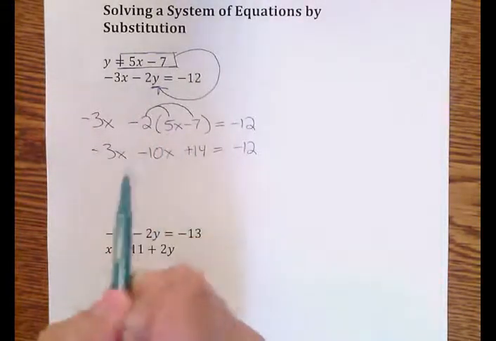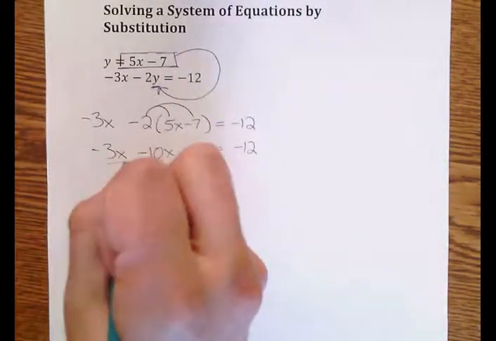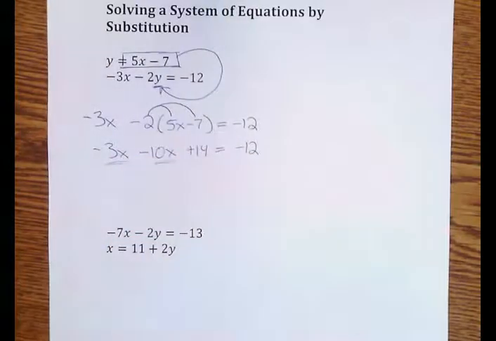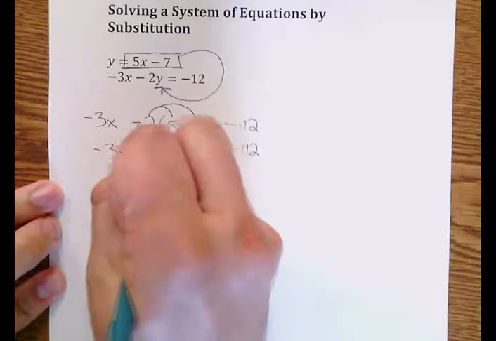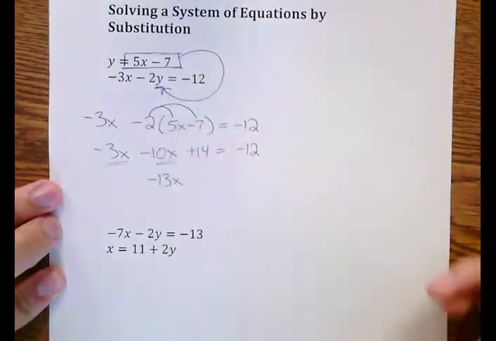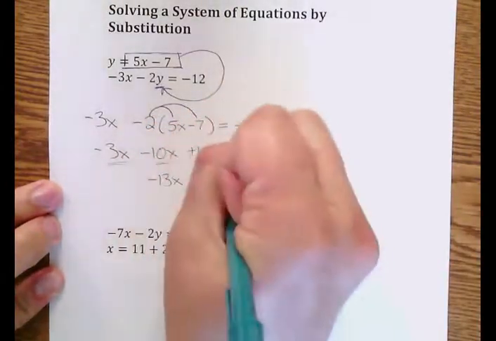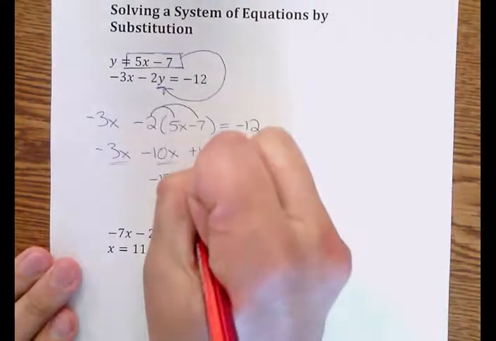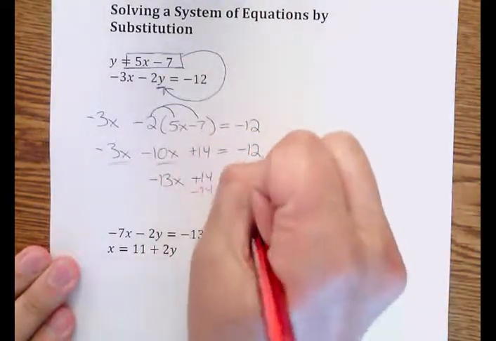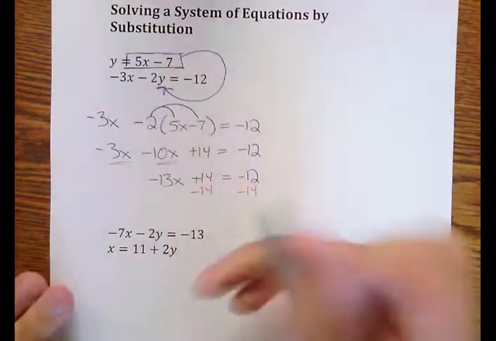After I get rid of the parentheses, I see a few like terms here. This negative 3x and negative 10x, we both have x's here, so those can be combined. Negative 3x and negative 10x is negative 13x plus 14 equals negative 12. So we've gotten it all cleaned up a little bit there, distributing and combining like terms. Real easy solving here, just minus 14, minus 14.